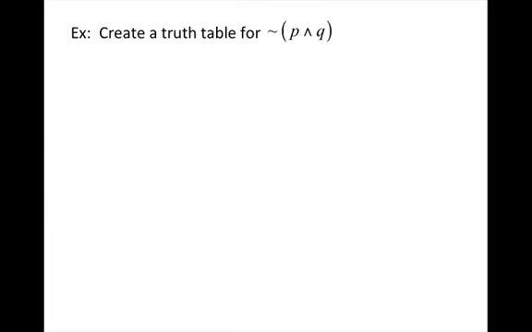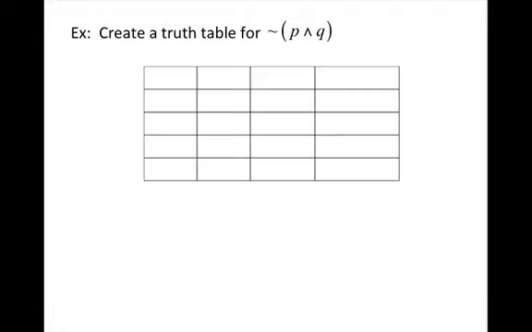Next, I want a truth table for not (P and Q). With the use of parentheses, you can treat these just like the order of operations back in any math class. I do what's inside the parentheses first, and then take care of any symbols outside of it. So I have two propositions, the P and the Q, so I need a 4-line truth table.